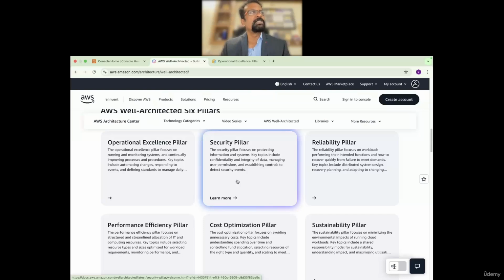I would recommend that if you can spend time to read those pages, because this is not the course to cover the Well-Architected Framework. There are several resources available. I think the best thing you can do is to first theoretically understand that you will have to run through these six pillars on your project. It can be a new project, it can be an old project, it can be an escalated project, it doesn't matter. You just run a review.